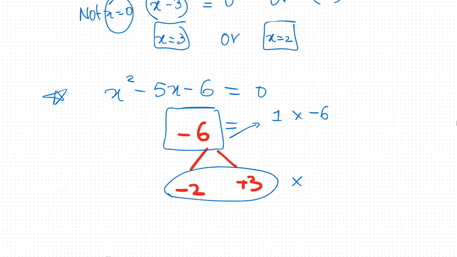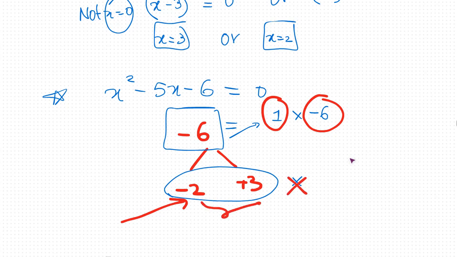First factorize this: -5, -6. 1 into -6, correct? We can also write -2 times +3. This is also a possibility, but we are rejecting this because when you add these numbers, it's not -5, it's +1. So we reject this.